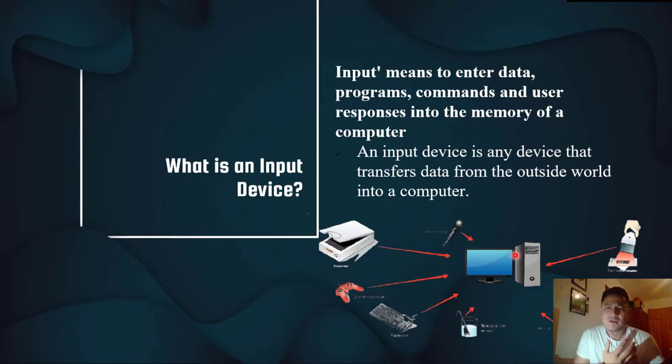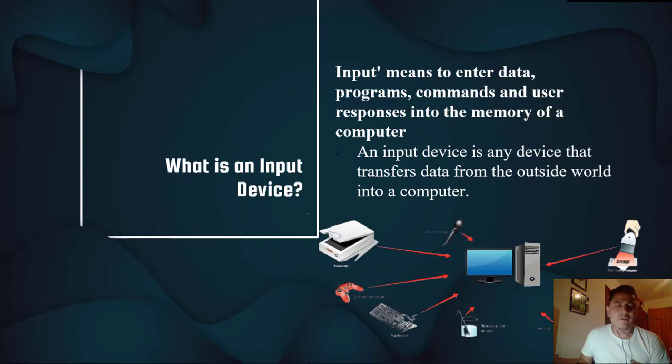For example, every time you use a remote control for a television, or whenever you use a game console, data is entered into the device or into the TV using a special keyboard. So there are many different input devices and media, each one being suitable for different purposes.